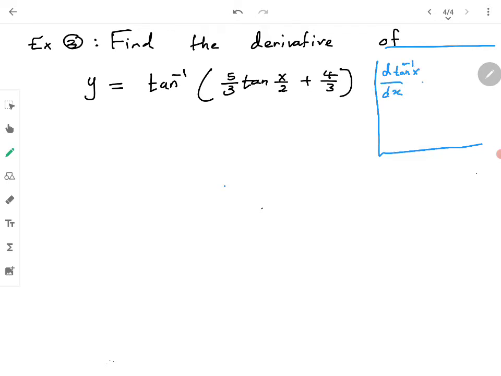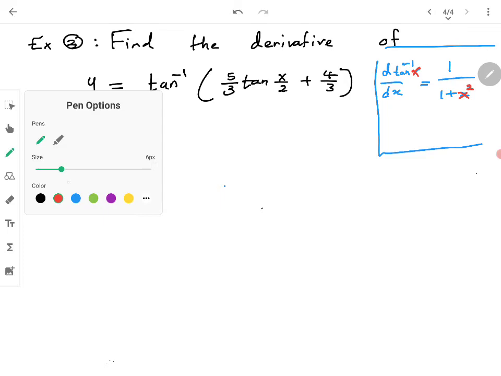The derivative of tan inverse x is 1 over 1 plus x squared. So what we square is what's inside the tan inverse when we are finding the derivative.